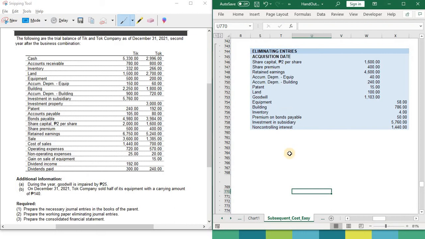So this is our eliminating entry as of the acquisition date. Again, all eliminating entries that we are going to prepare for this year are prepared on December 31, 2021.